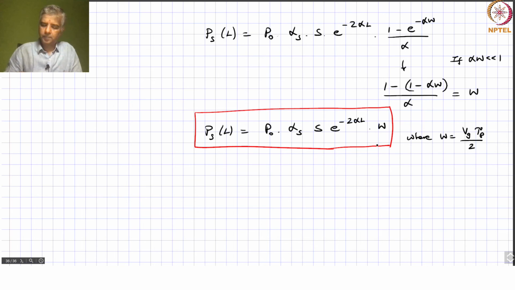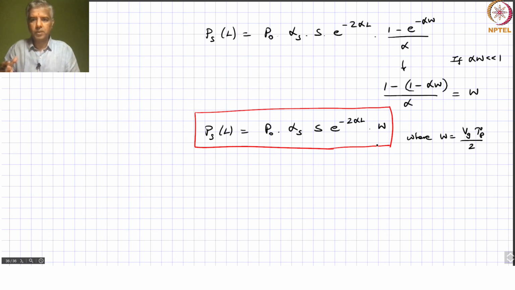Of course, what we note from here is that this is proportional to W. So if you want more scattered power, what you need to do is increase your W. How do you increase your W? Basically by choosing a larger pulse width. We will see what the downside of that is in a few minutes.